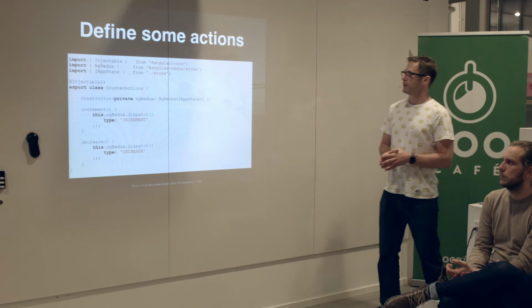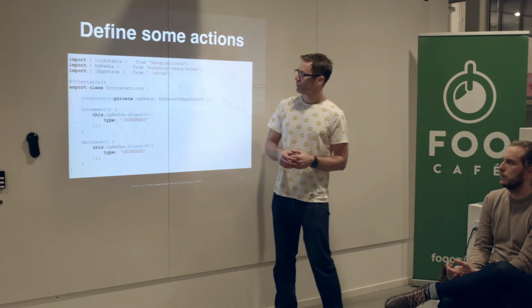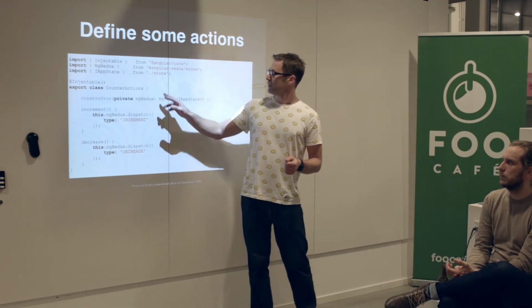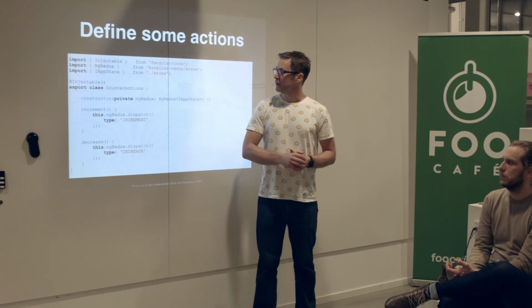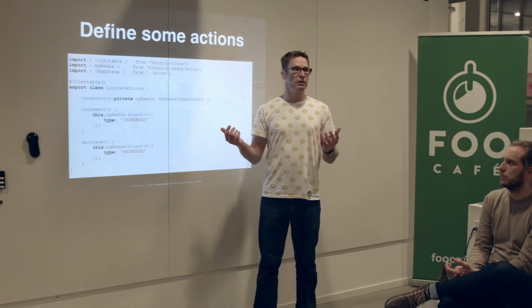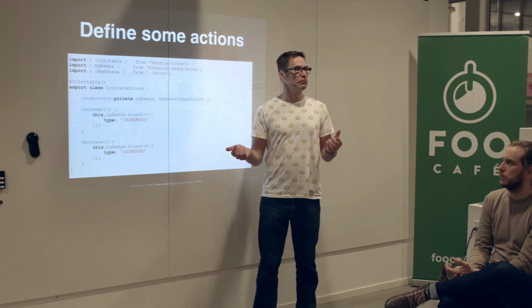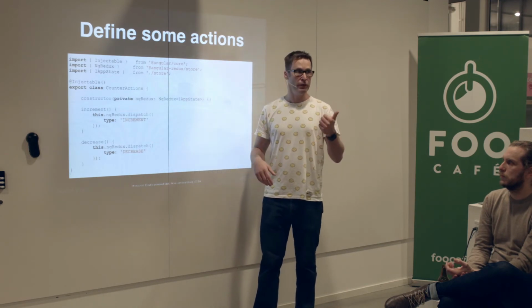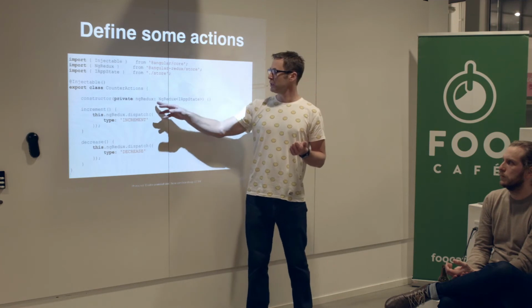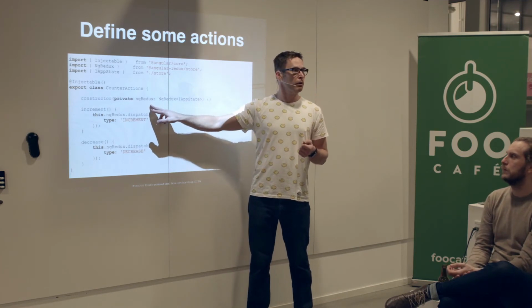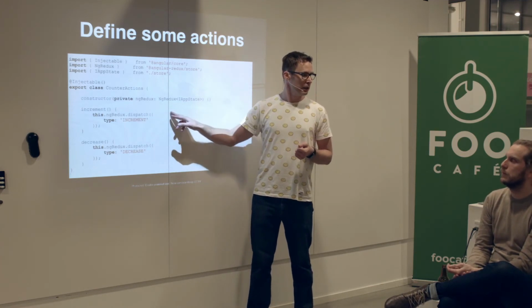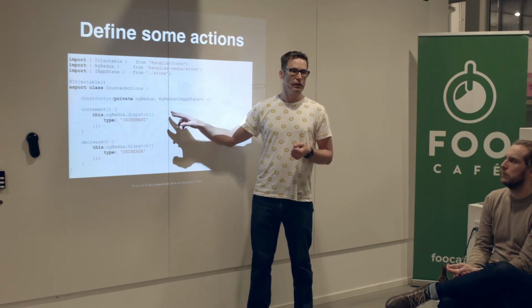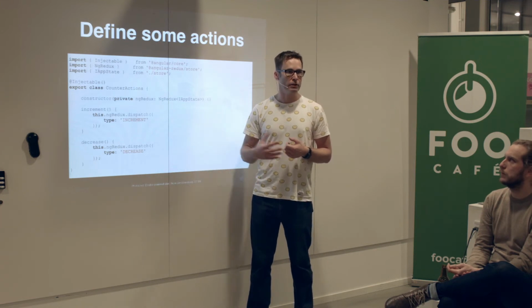We need to define some actions. So actions are injectable. The reason they are injectable is that we only need one instance of them, but also that we want to get access to our store in the action.